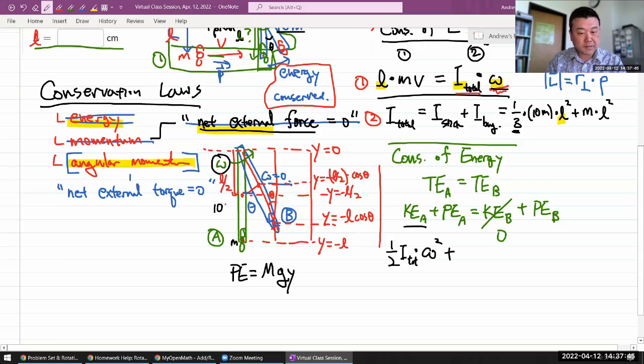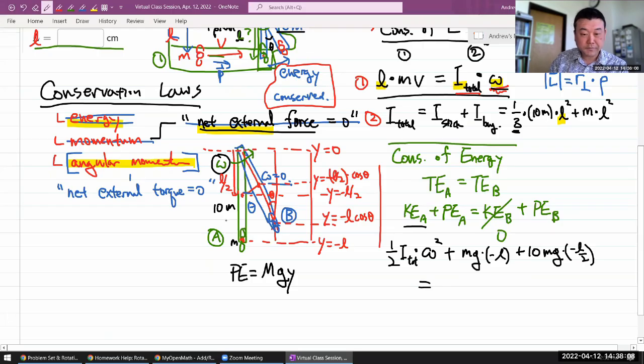The stick, it has mass of 10m. So potential energy in snapshot A for the bug, it'll be m, small m, g times minus L. That's its height. And the potential energy of the stick, that'll be plus 10 mg times minus L over 2.